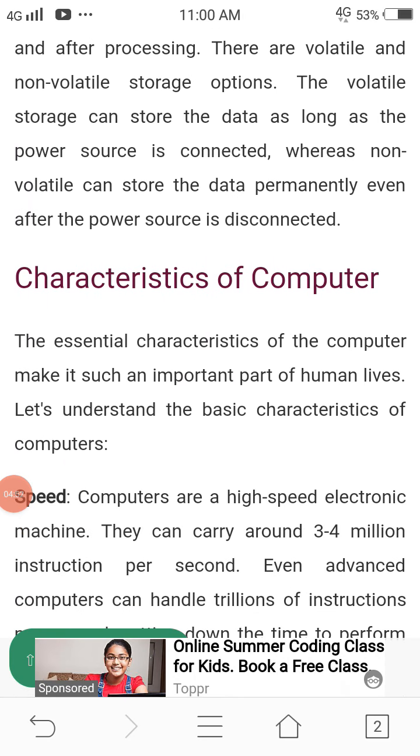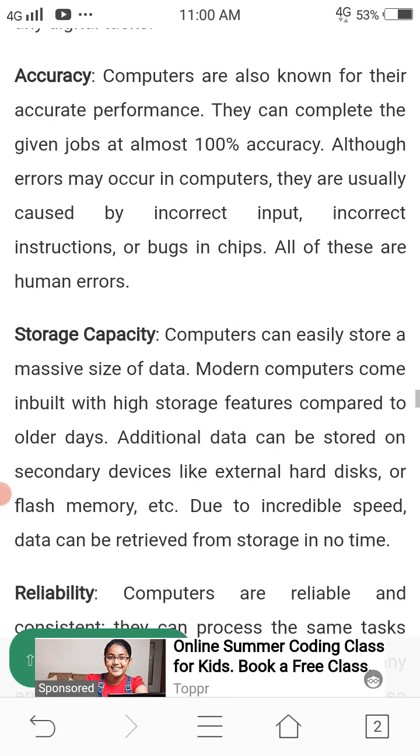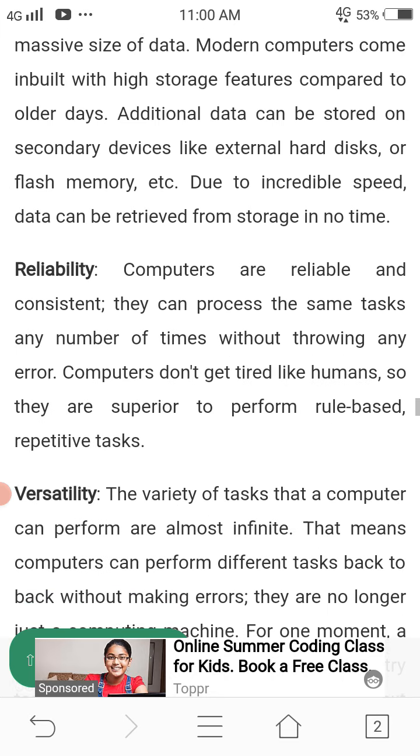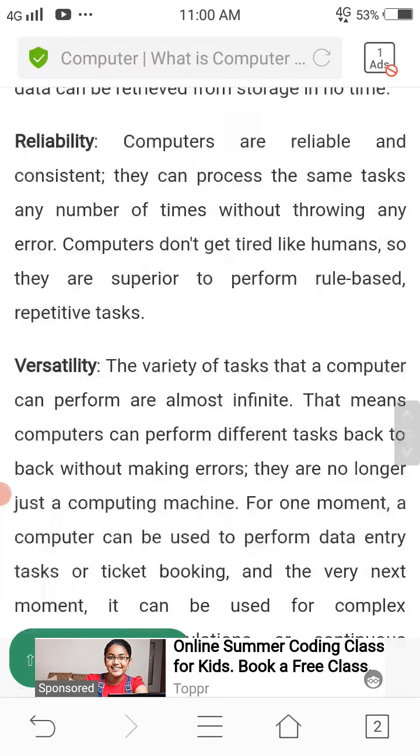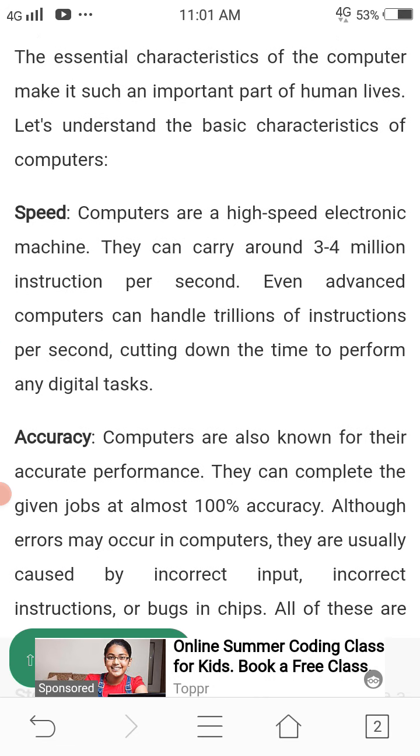Next are the characteristics of the computer. Speed, accuracy, storage capacity, reliability and versatility are all characteristics of the computer system. As we know, computers are very high speed electronic machines that can carry out around 3 or 4 million instructions per second. So its speed is very fast.